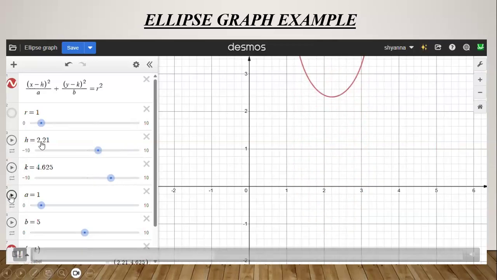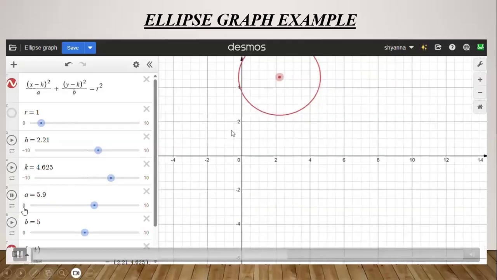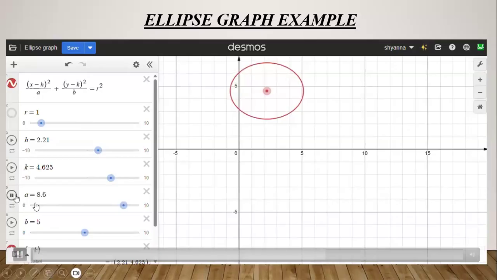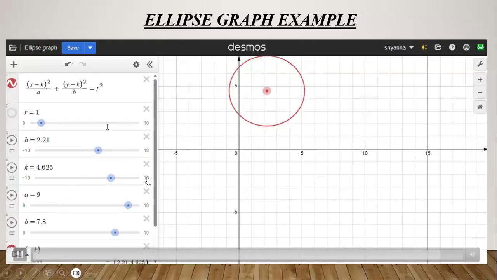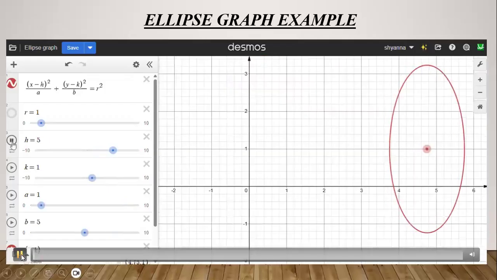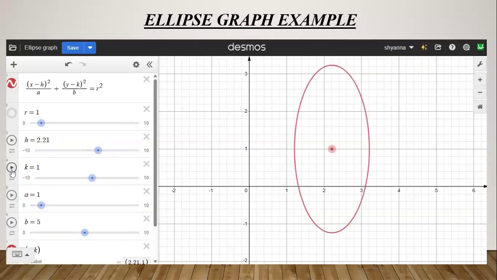R equal 1, H equal 2.21, and when we change those values, it shows us here how our ellipse can change its shape. Let me play it back one more time. It not only changes the shape, it changes the position on our graph.